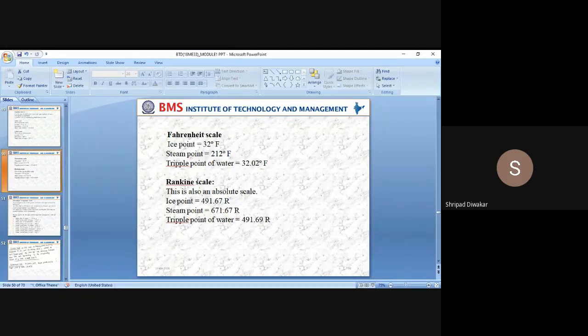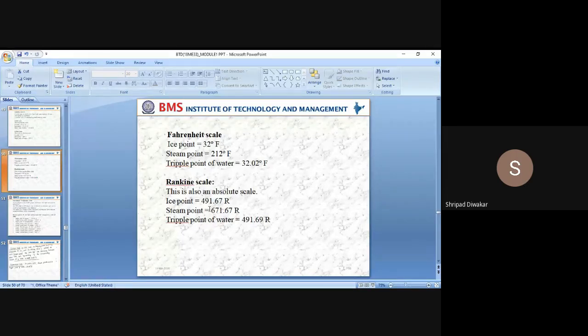It is an absolute scale and not much used. Just remember, the Rankine scale is represented by the symbol capital R. Ice point is 491.67, steam point is 671.67, and triple point of water is 491.69 R. So mainly remember the Celsius, Kelvin, and Fahrenheit scales, not the Rankine scale.